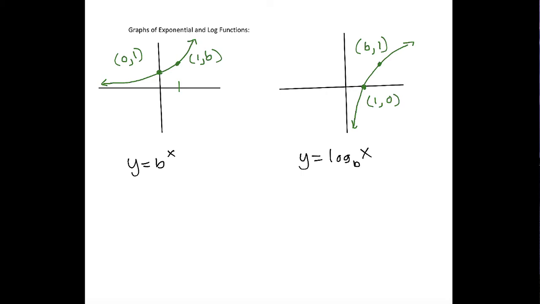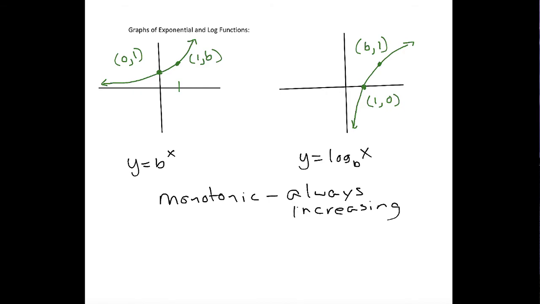A couple things that are true about these equations. They're both monotonic, which means they are always increasing. That's what monotonic means.